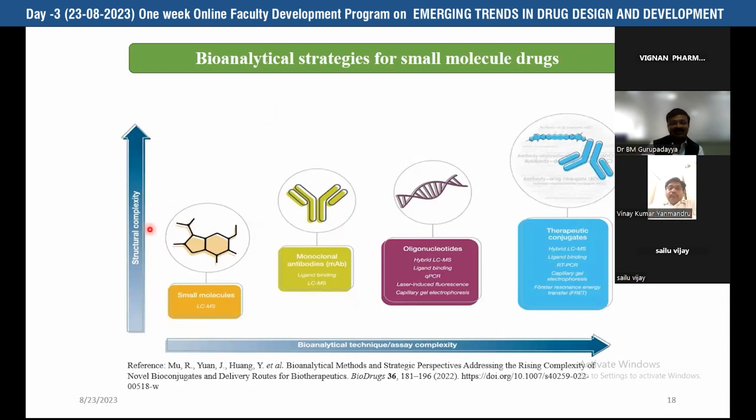When the structural complexity is higher, the identification and separation, or the confirmation of that particular peptide or protein, is going to be delayed, as it takes its own time. So it is very clear that if your molecule is small and simple, it won't take much time; by using your LCMS, you can identify it. When the molecules become larger, like antibodies, or any interested proteins, or nucleotides, RNA, DNA, it takes a long time, and assay procedures are going to become complex here.